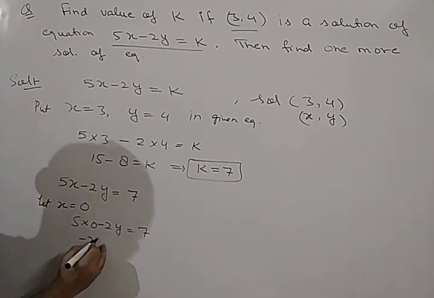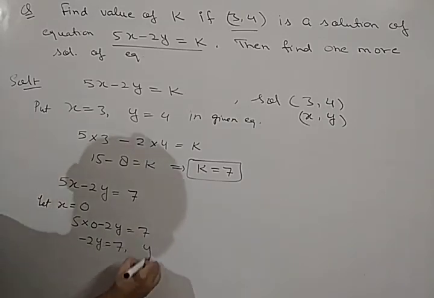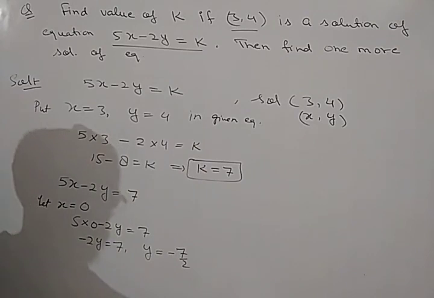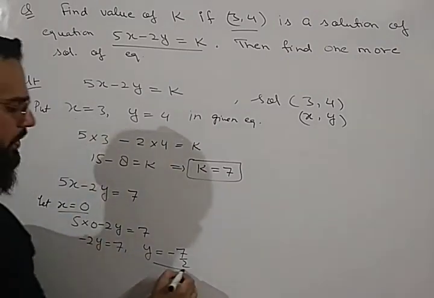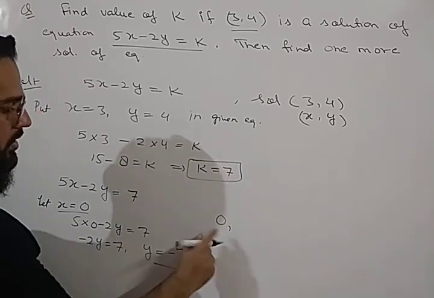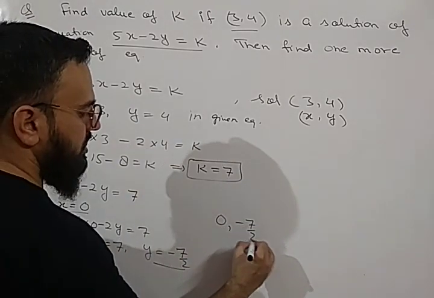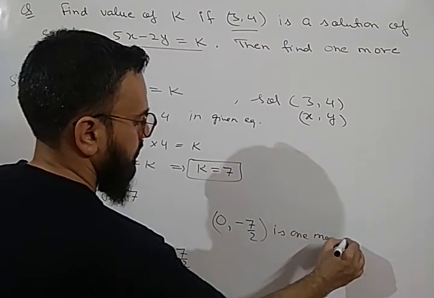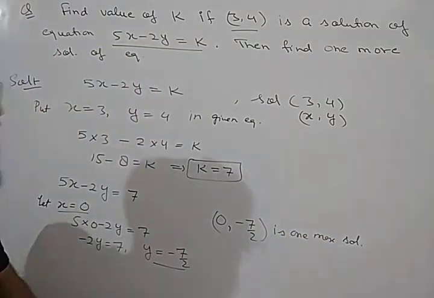So it will be minus 2y is equal to 7, or y will be equal to minus 7 by 2. So the value of x is 0, then y is equal to minus 7 by 2. So what will be the answer? The ordered pair 0, minus 7 by 2 is one more solution of this equation.